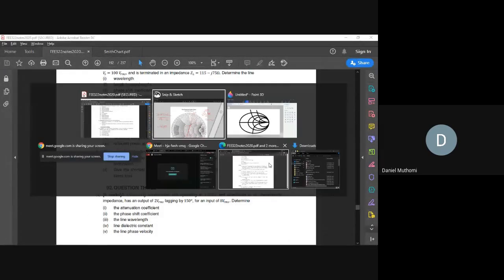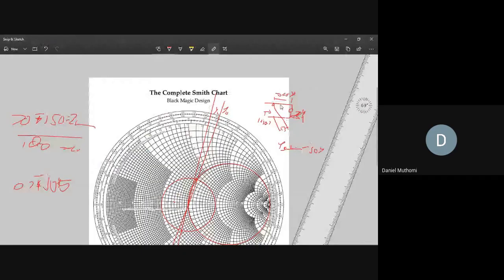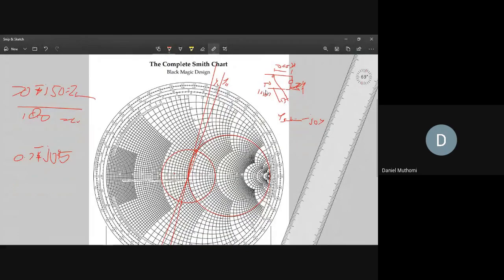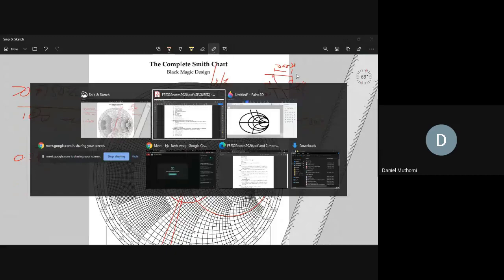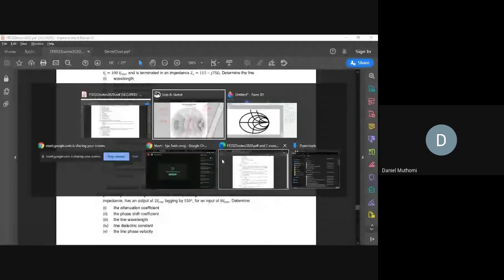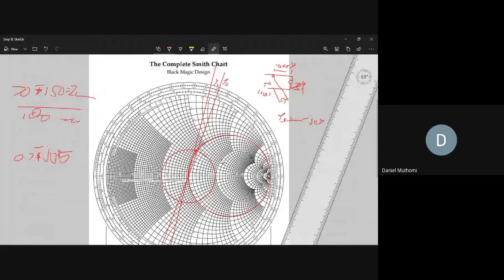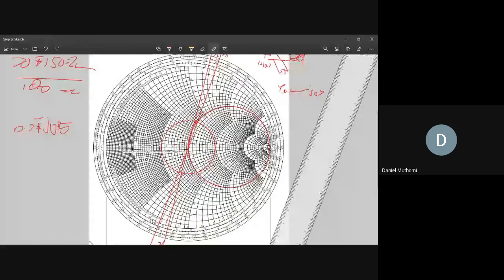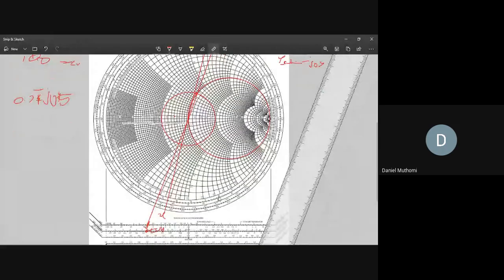Its location, I think, is the 1 plus j0.7. Its length is this. And then you also asked for the termination. The termination distance now will be from your Y stub here up to this.